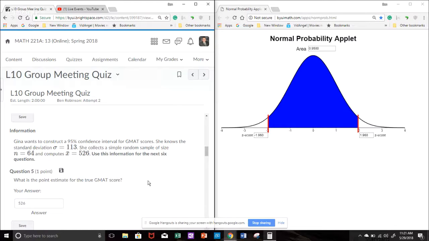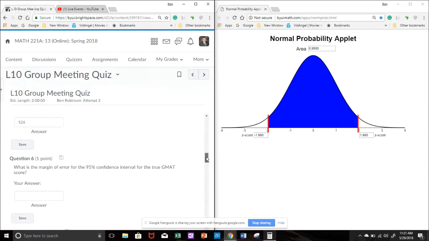Okay, I will try to do it in the calculator. I will find the M first. Well, the M is what we're looking for. The M stands for the margin of error.